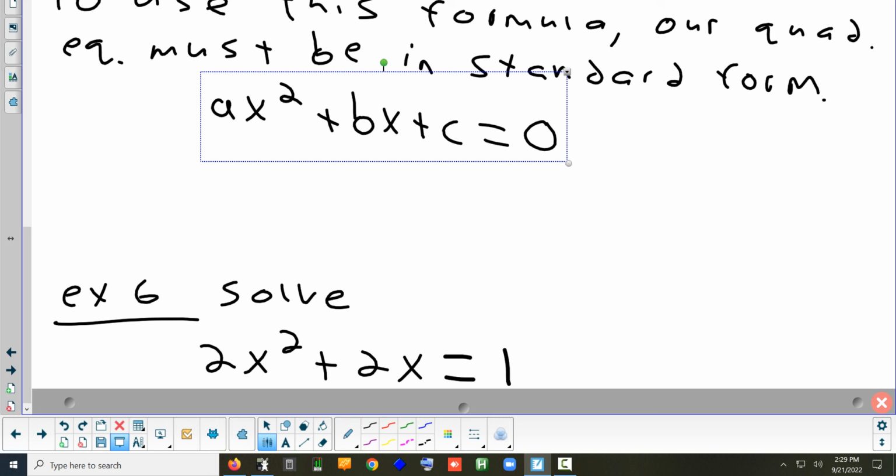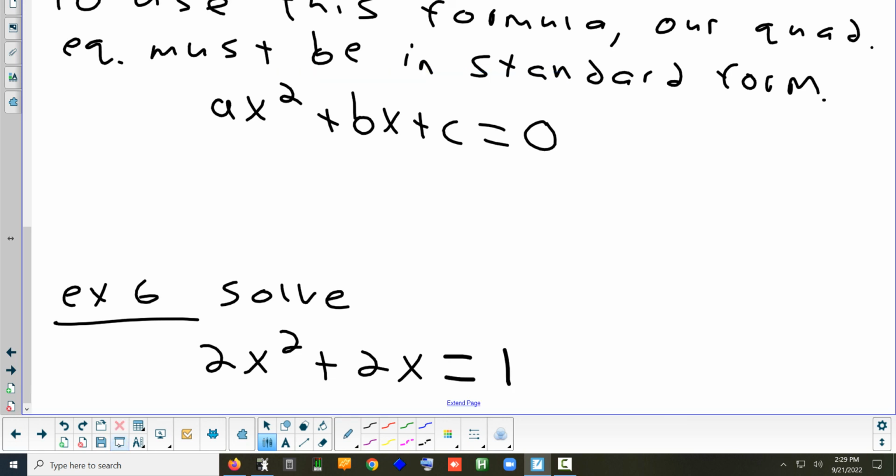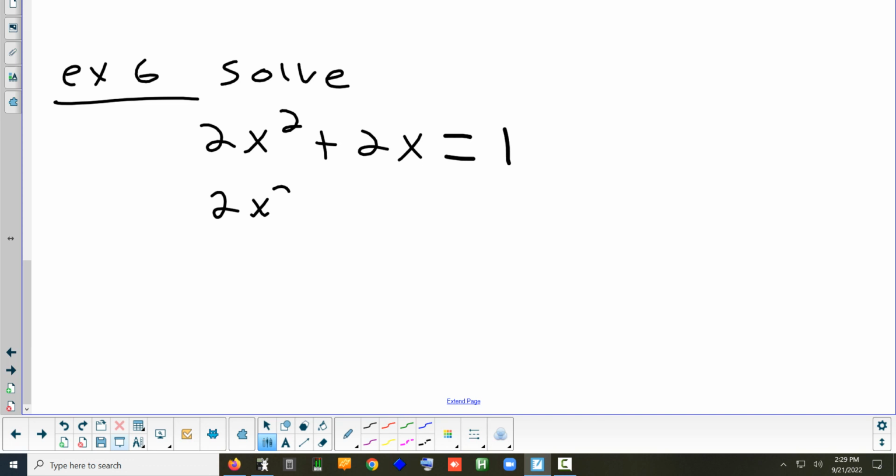Cameron? Subtract the 1. Yep. First thing we're going to do is subtract the 1. So we have 2x squared plus 2x minus 1. Now, what I like to do, you don't have to do this, it's up to you, but I like to write down a, b, and c off to the side.